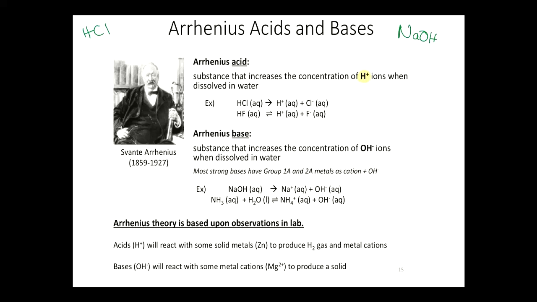Like HCl, nitric acid, HF, all of those are acids because they increase the concentration of H+ because there's an H+ present in the formula. You can see that here, HCl and HF are both Arrhenius acids because they produce H+ in those reactions when you put them in water.